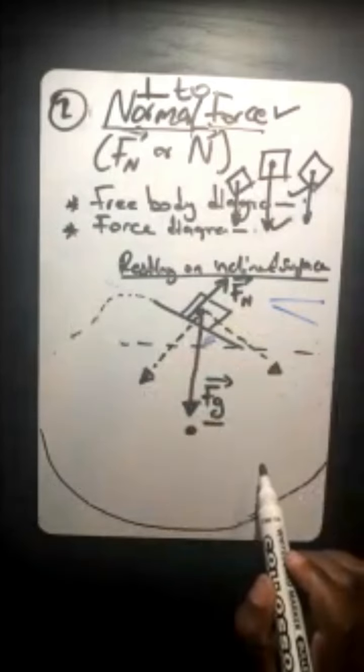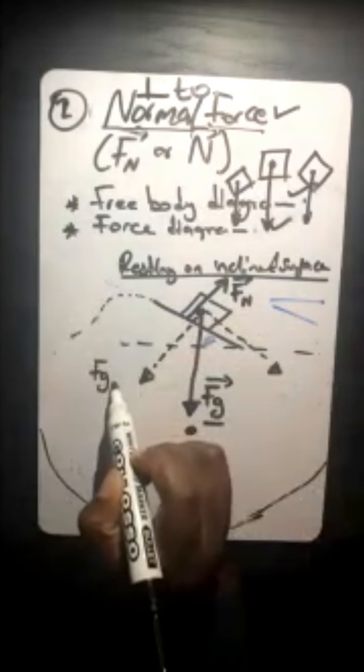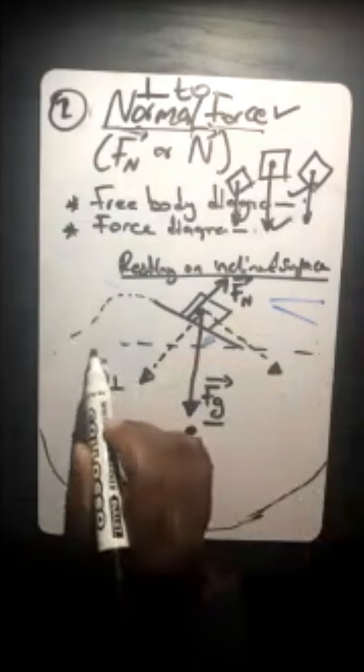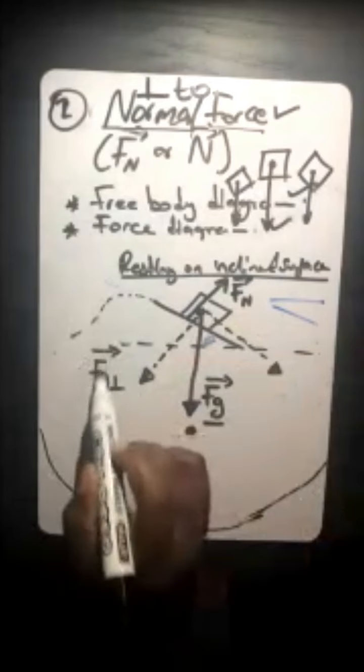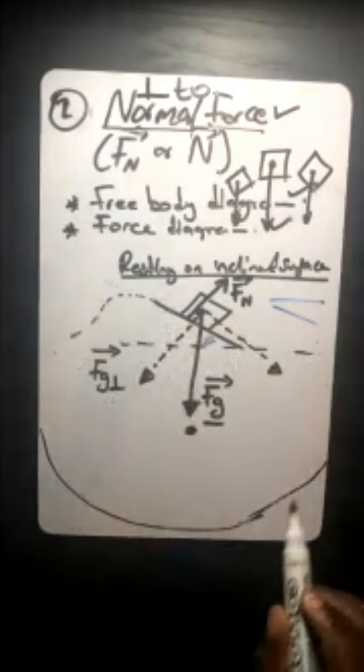So guys, this one is what we call the force of gravity perpendicular. This is the vector quantity, or the force of gravity, which is perpendicular to the surface, and that is the component of that FG.